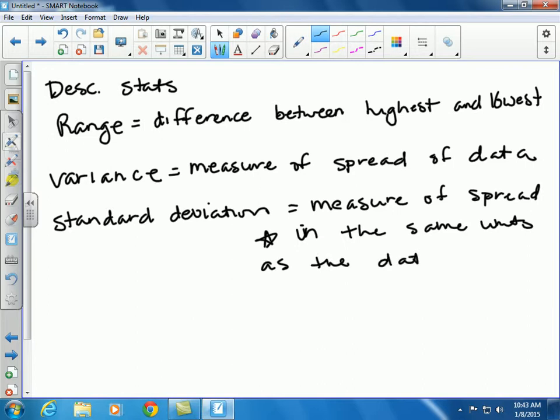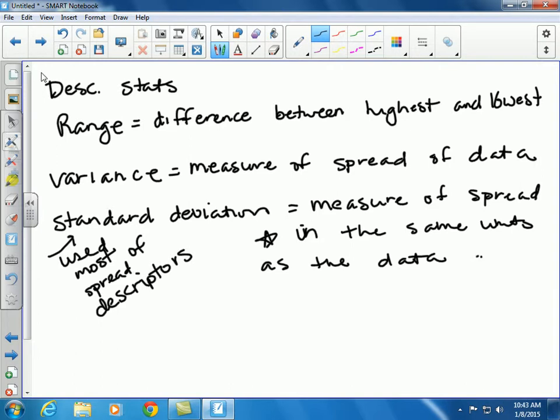So when I go into the calculations, you'll understand what I mean, but we typically use the standard deviation the most of these spread descriptors, because it's in the same units as the data.